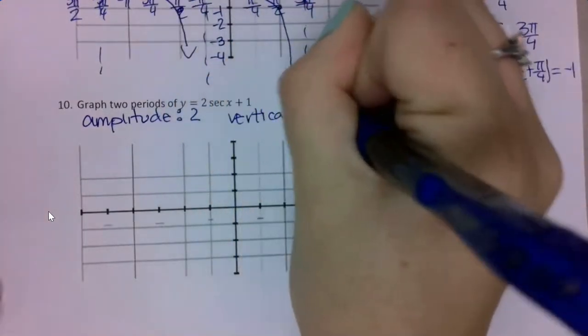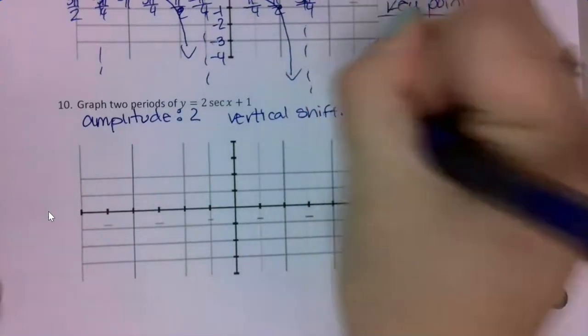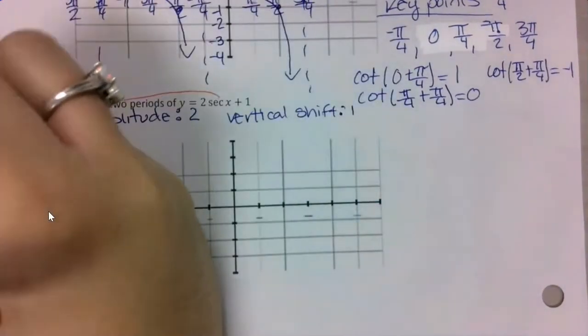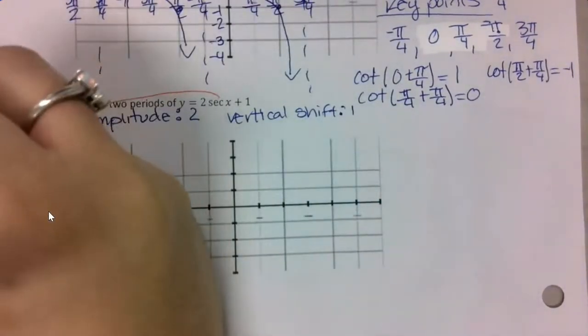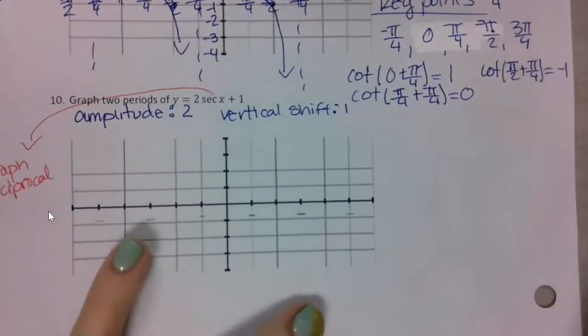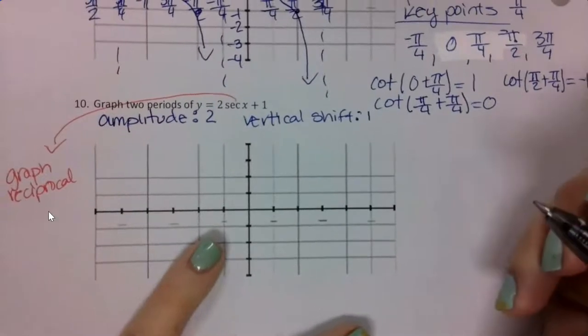This is going to move my graph up. So then, because this is a reciprocal trig function, I am going to actually graph cosine. So when I go do all my work, I am going to graph cosine.